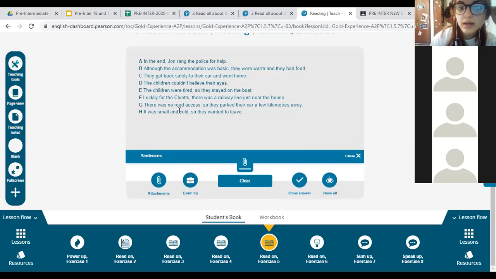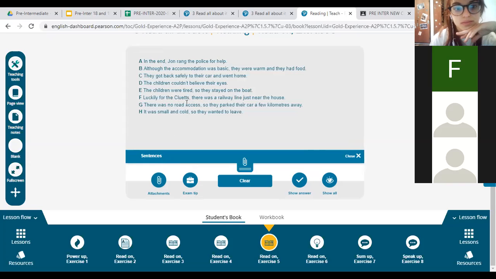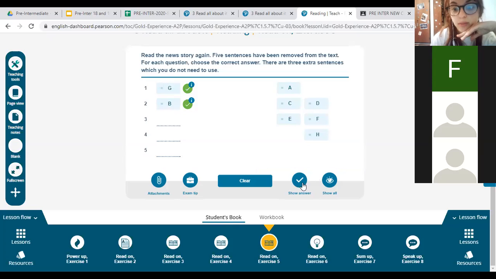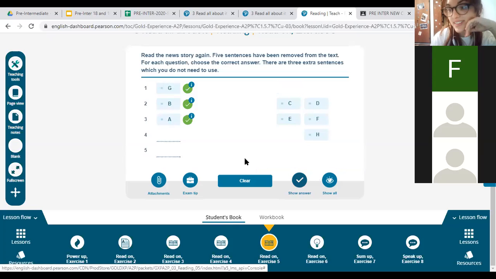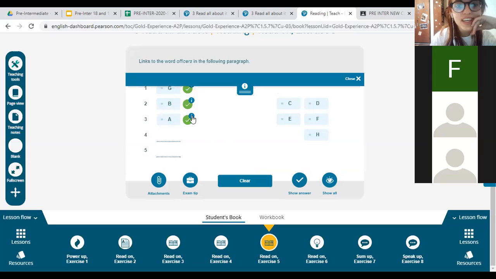F. There was a railway. I think we are going to need that one later. I think it's A. In the end, John rang the police for help. You are correct. We need letter A because in the next paragraph, we have the word officers.